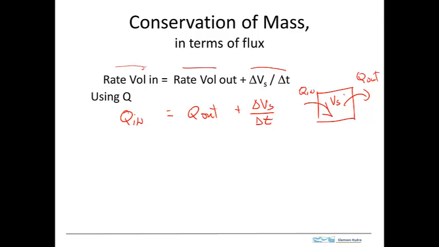Okay, so I'm always going to use capital Q to mean a volumetric rate, and little q will be a flux, a volumetric flux.